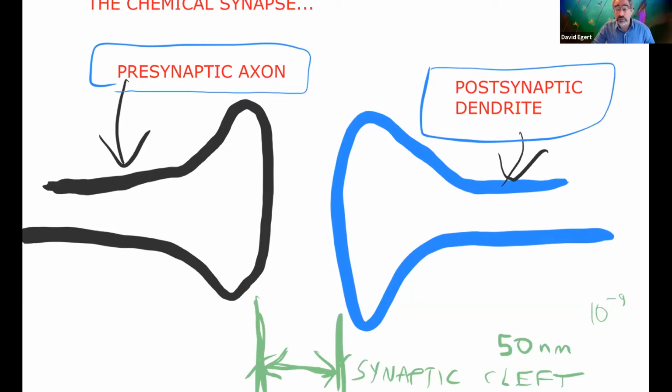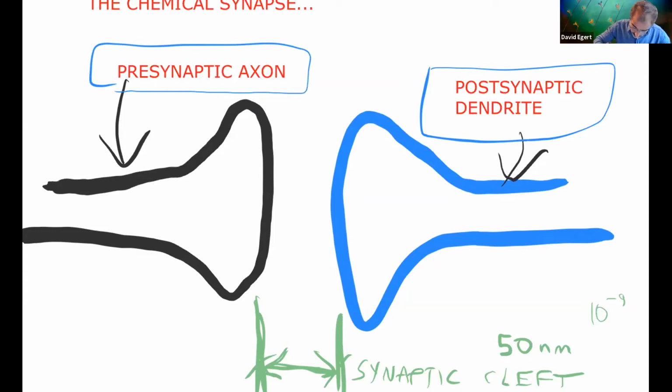A nanometer is 1,000,000 times smaller than a millimeter. So it's an actual gap, but it's a very dinky gap, which is why things can diffuse across very, very efficiently.